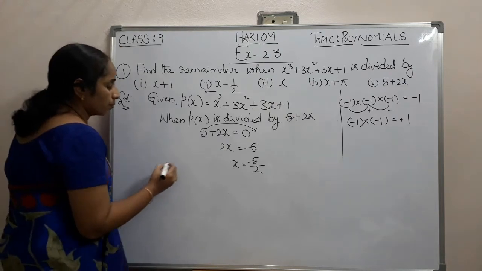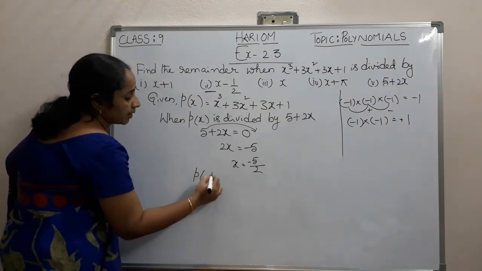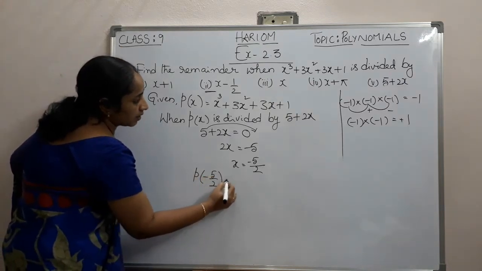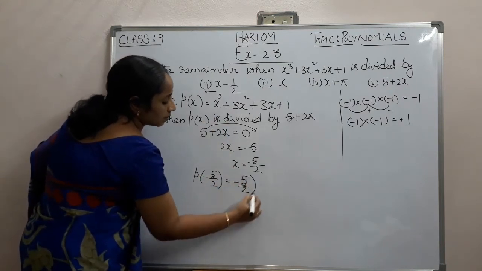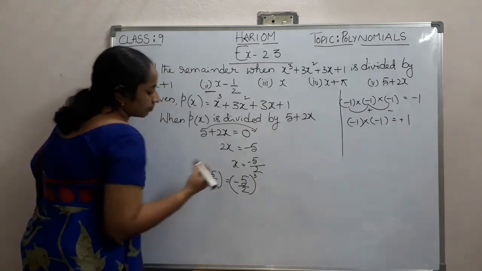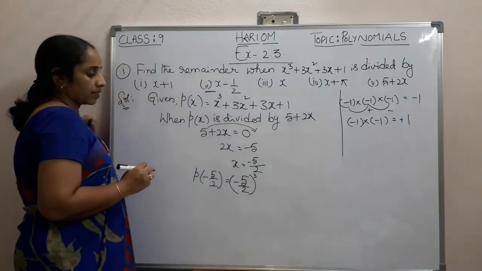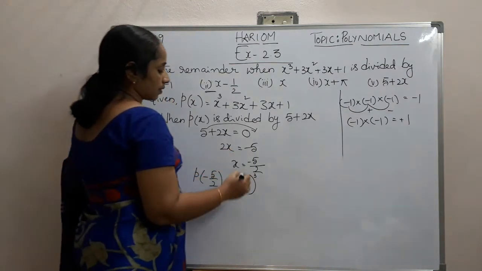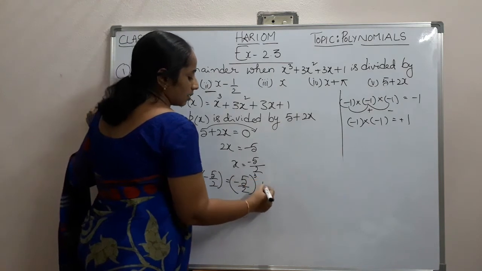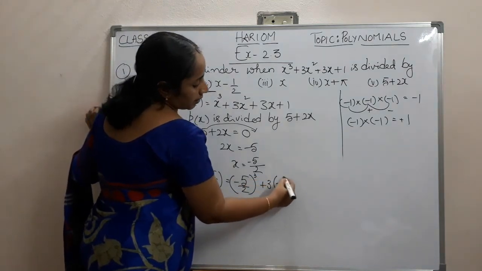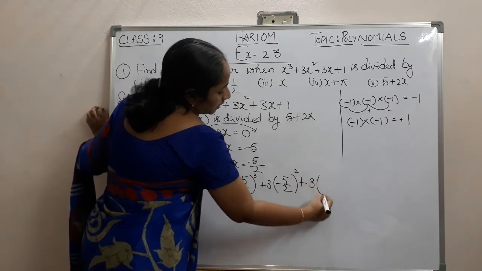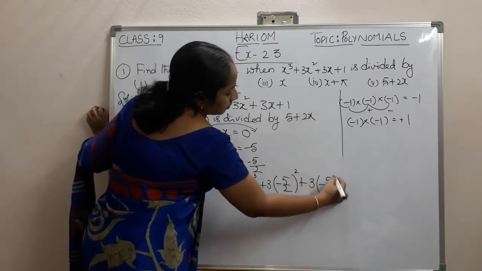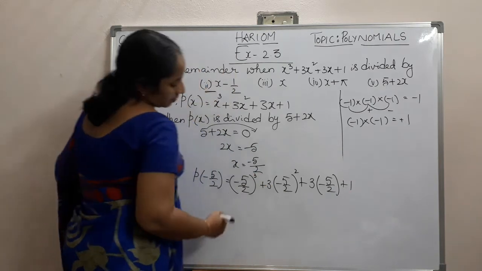So p of minus 5 by 2 is equal to, wherever we have x, you have to substitute minus 5 by 2 whole cube, plus 3 into minus 5 by 2 whole square, minus 3 into minus 5 by 2 plus 1.